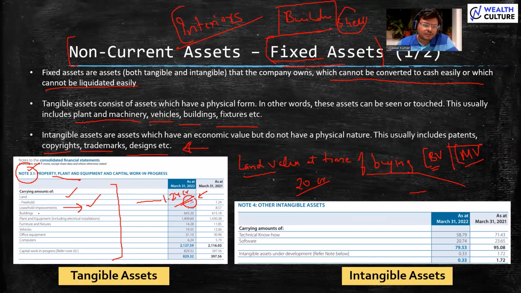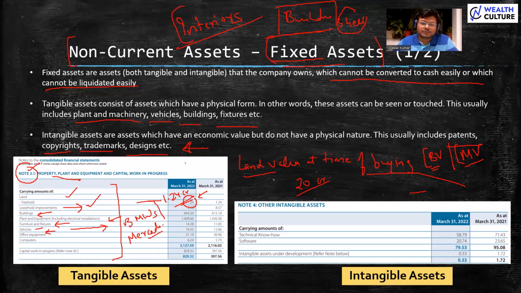Then the buildings that you yourself own, the plant and equipment that you own, the furniture and fixtures that you own, vehicles that you own on your balance sheet. Look for interesting stuff like how many BMWs and Mercedes are figured here, right? Sometimes you go to these vehicles and you see what is the average value of the vehicles that are there.